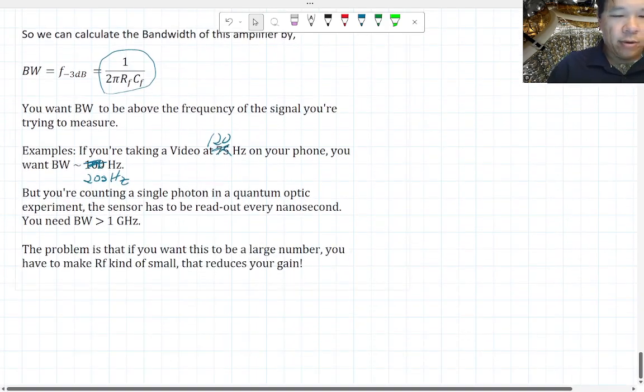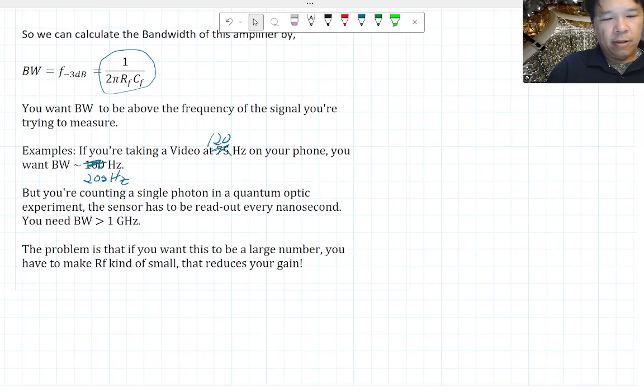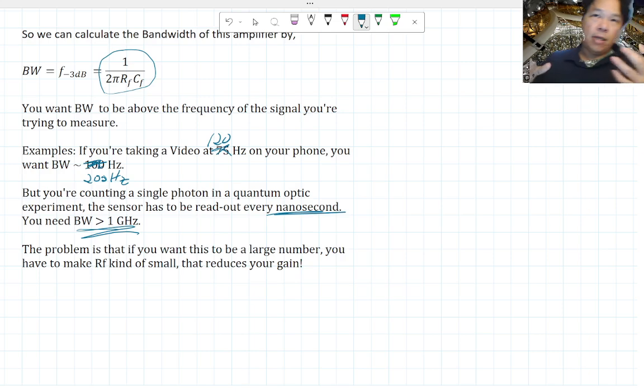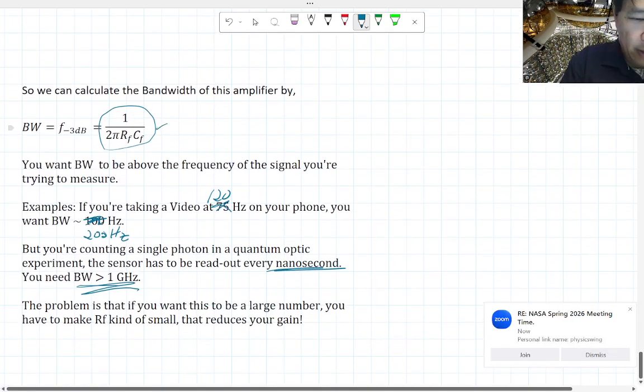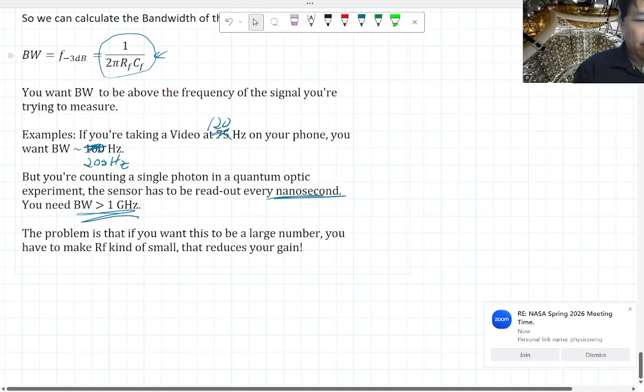But if you're counting photons, for example in a quantum optics experiment, you want to be able to read out your sensor every nanosecond. You need a bandwidth of 8 gigahertz. And the problem is that, as you see on this little equation here, the bandwidth is inversely proportional to your RF.